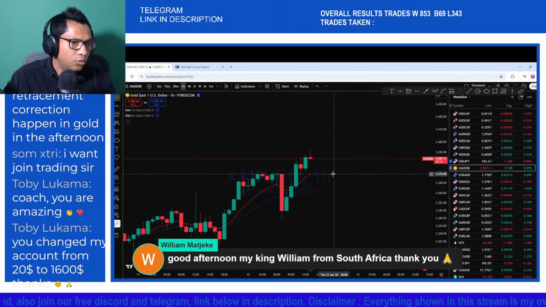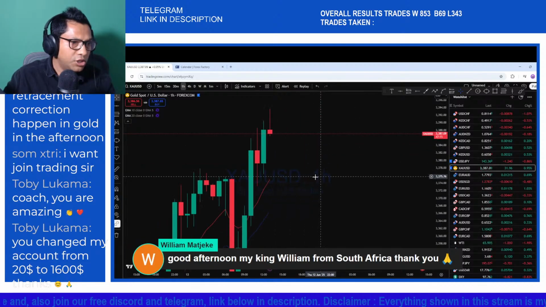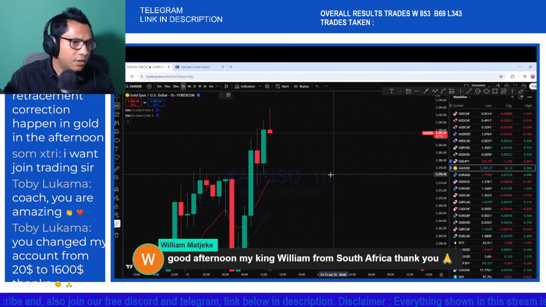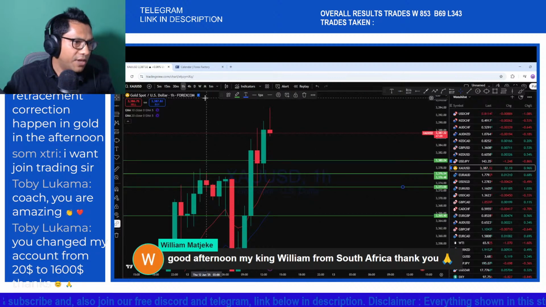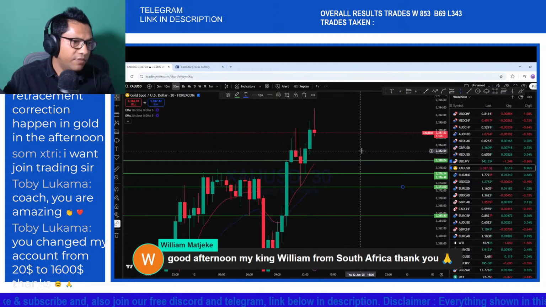Now you can see that with the candle close, it's pushing back down. This is the 1 hour support, again leveling up on gold along with dollar yen. We are keeping an eye on both of them to see which one gives the best setup.